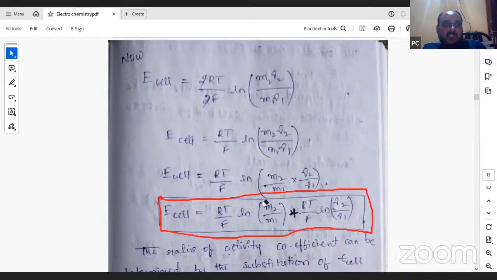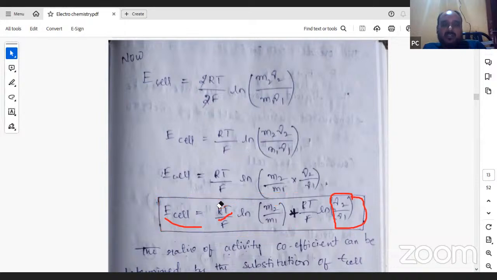With the help of this equation, the concentration ratio M2 by M1 is known, R is known, T is known, and F is also known. By combining the two cells, we get the E cell. Therefore, we can get the activity coefficients ratio. Finally, the activity coefficients ratio can be determined with this equation, that is, concentration cells without transference.